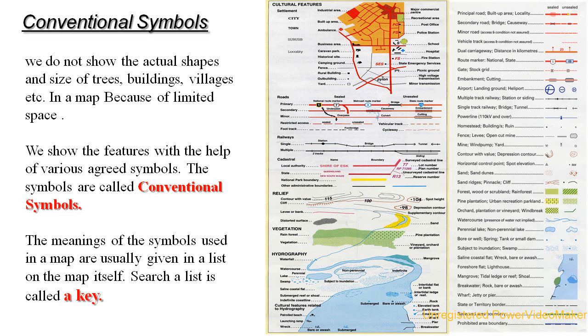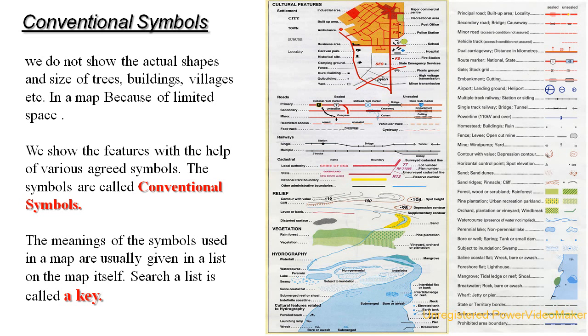Suppose you are showing one small square box for representing a building, and the one who is going to look at the map also wants to know that this symbol is used for this particular building. So the symbol which you are going to draw in a map should be agreed everywhere.